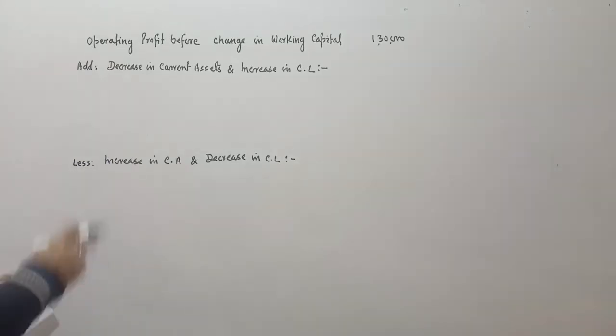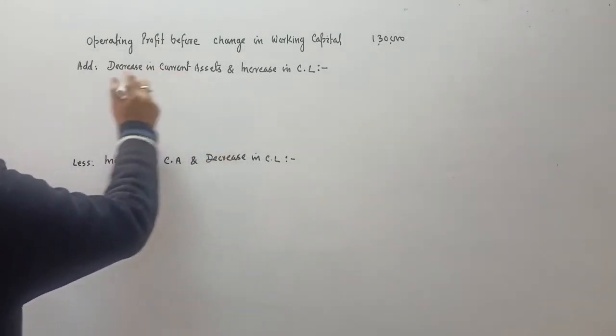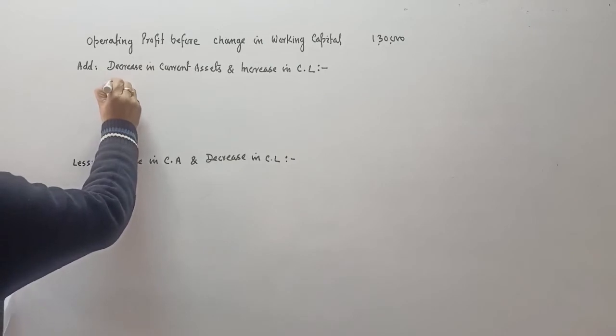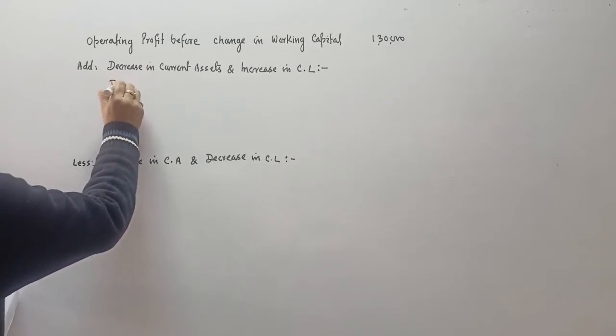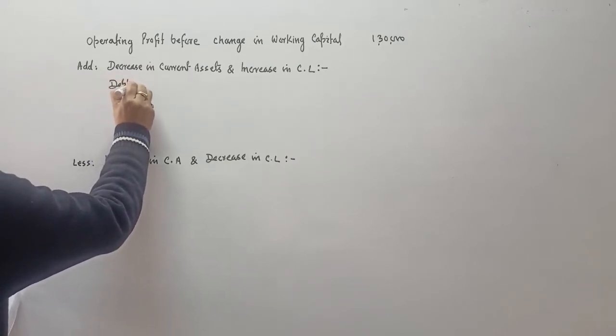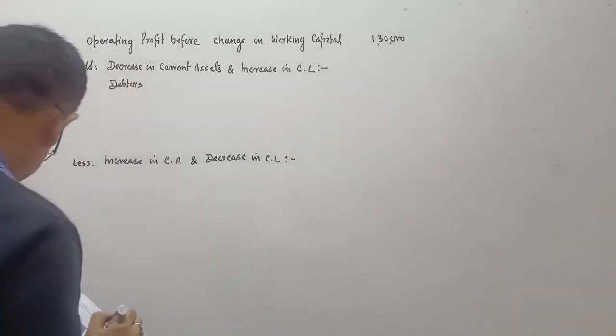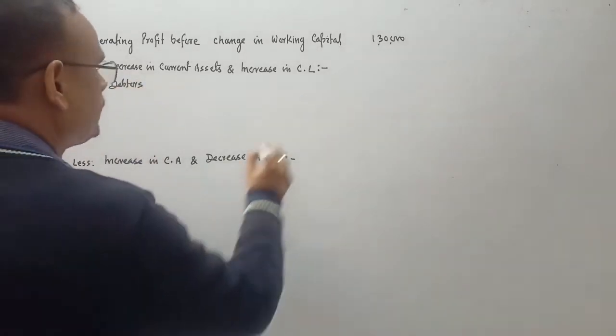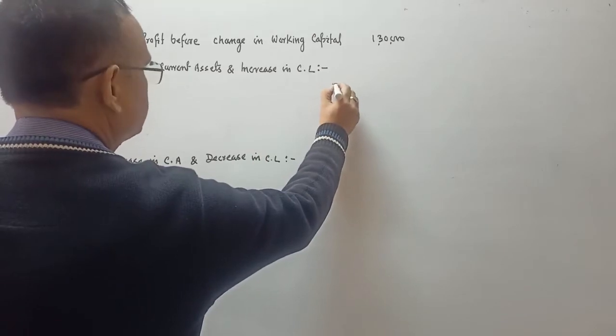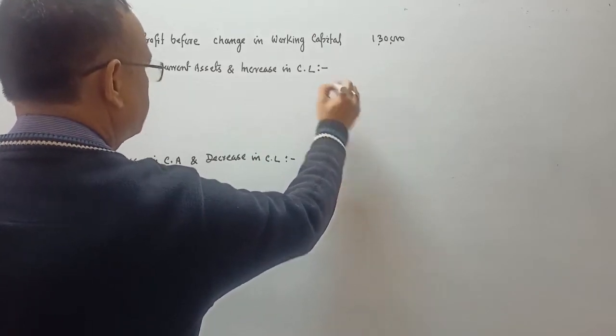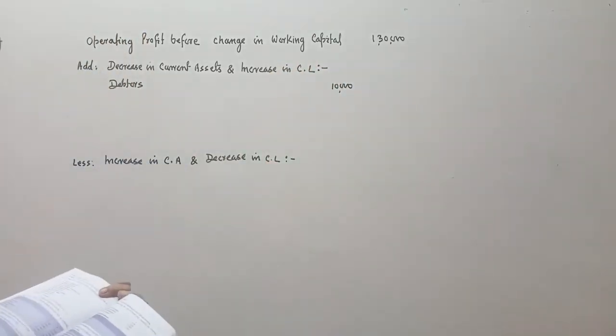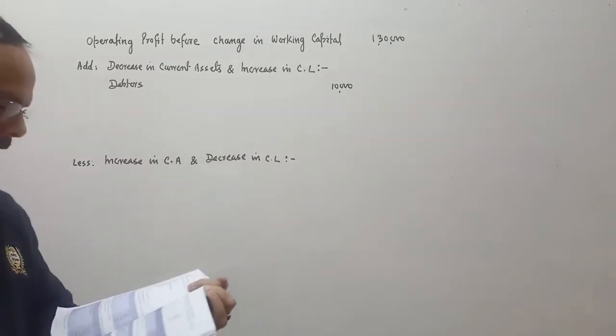So decrease in current assets we will write over here. Sundry debtors decreased by 10,000.